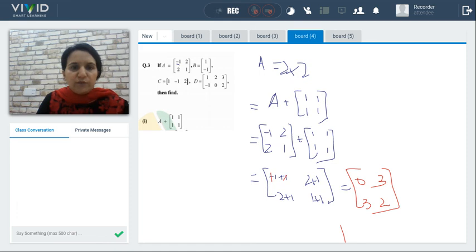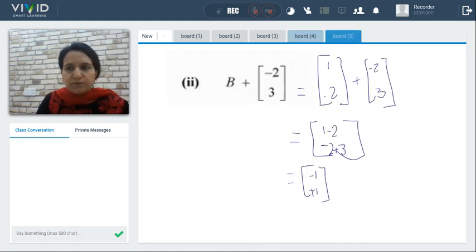I am going to multiply 2 by all the elements. 2 ones are 2, 2 times -1 is -2, 2 times 2 is 4, 2 times 0 is 0, 2 times 3 is 6, 2 times 2 is 4. So you have to multiply the number outside the matrix with all the elements inside the matrix. It will give you the correct answer.